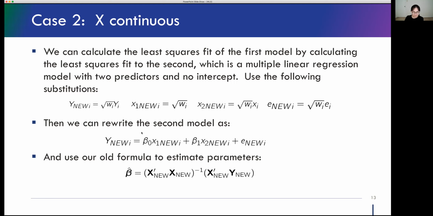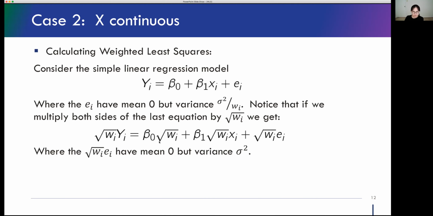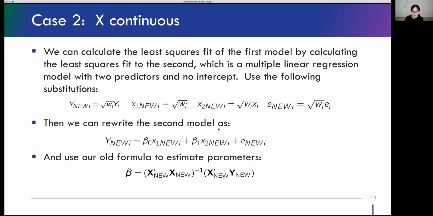We just rewrite it like this. Now we rewrite our model like this. This looks kind of familiar, right? But it has more than one predictor. So this is actually a multiple linear regression, to be honest.